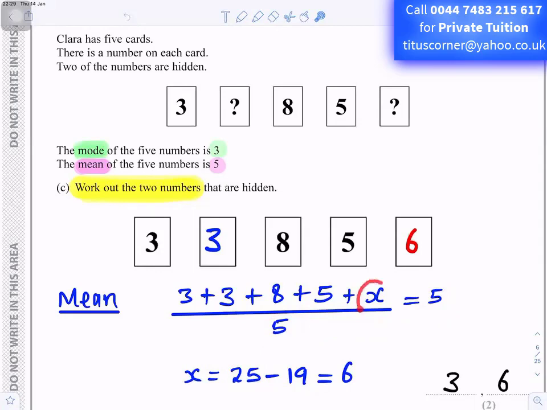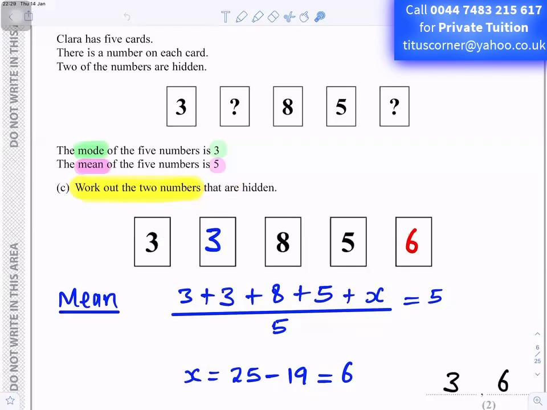So what number could x be? It will be 25 minus (3 plus 3 plus 8 plus 5). So that's 19. 25 minus 19 is 6. So the two cards are 3 and 6. And you will see that if you have 3 and 6, the mode is 3 because it occurs 2 times.